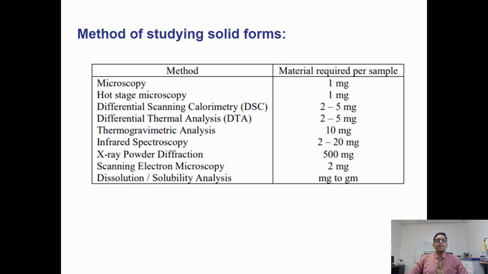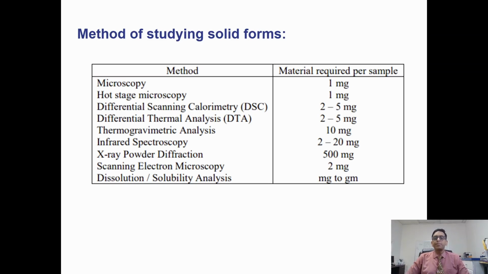As I said, we use different methods and techniques for physical characterization of solid components, solid ingredients, or the new chemical entity. Here is a picture depicting the different methods and how much quantity is required to analyze the product.